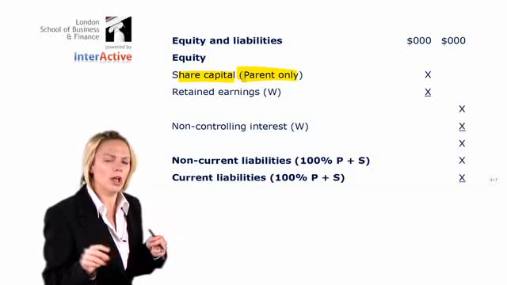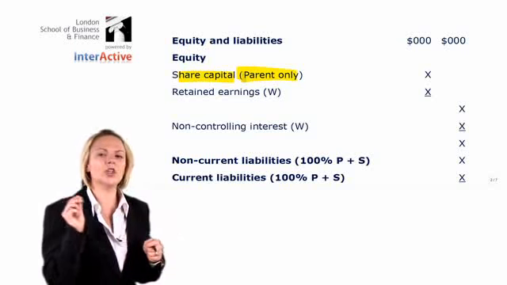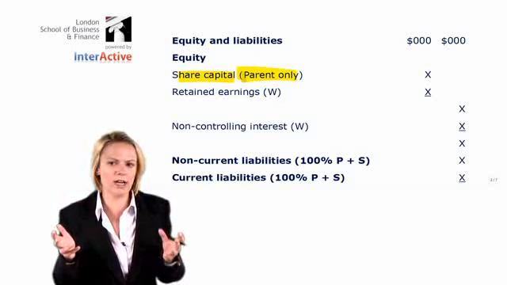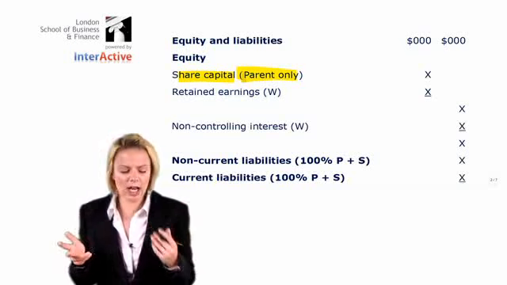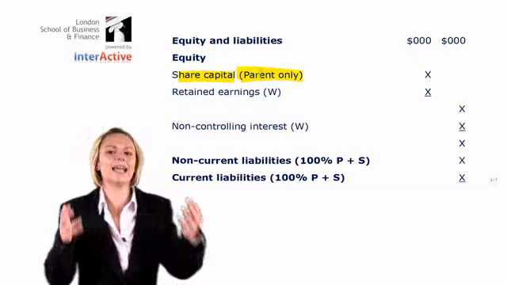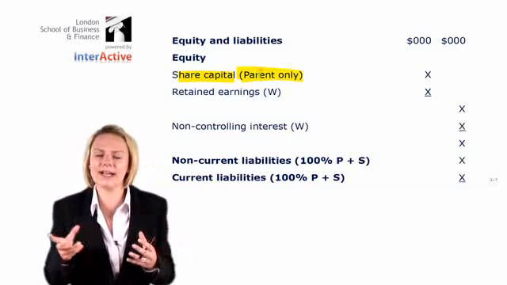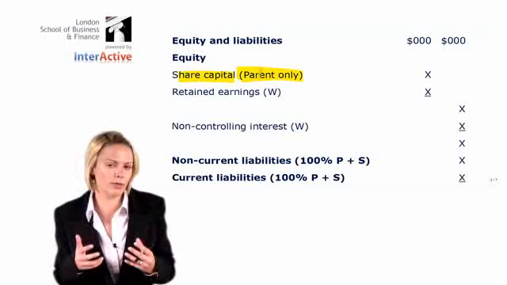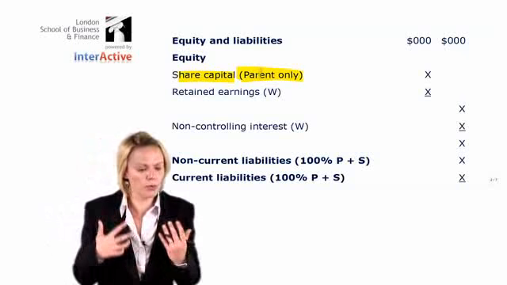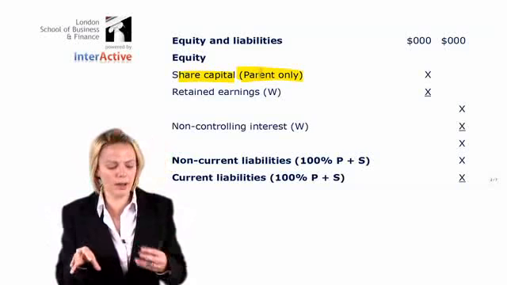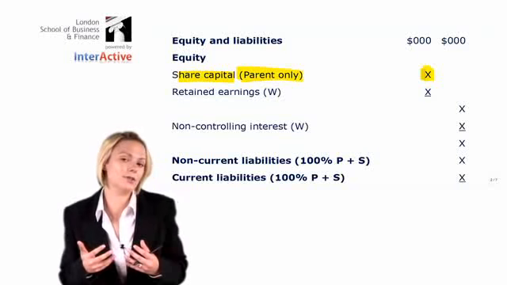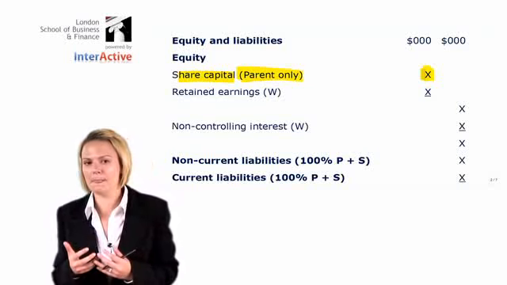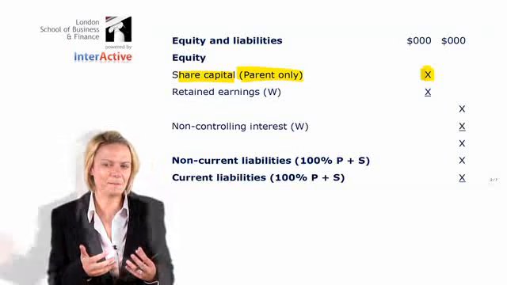And as such, it's only going to be the parent shares that the parent shareholders are interested in. So the parent shareholders will only be interested in their share capital that they've invested and also any share premium. So the rule is share capital and share premium is parent only, because we're preparing these accounts for the owners of the parent shareholders.